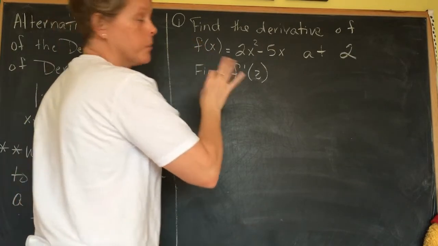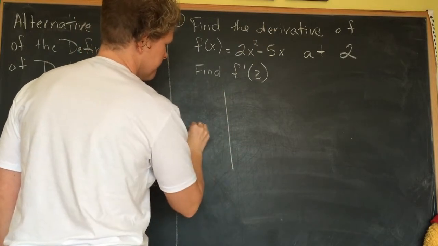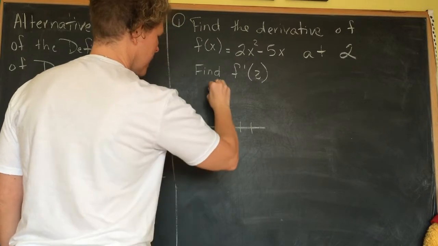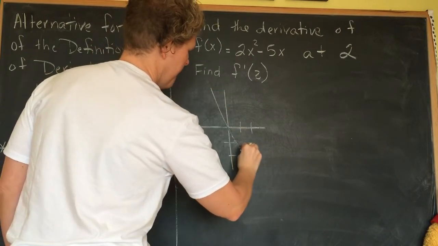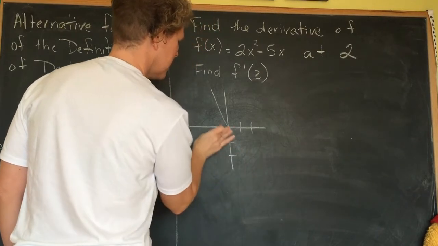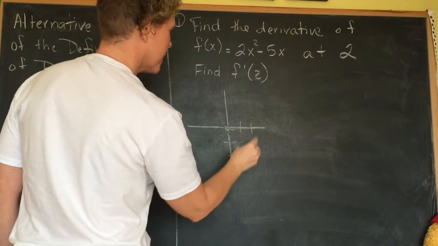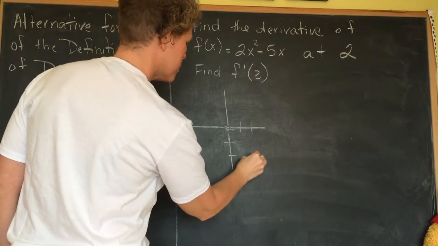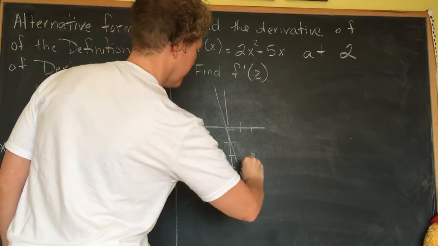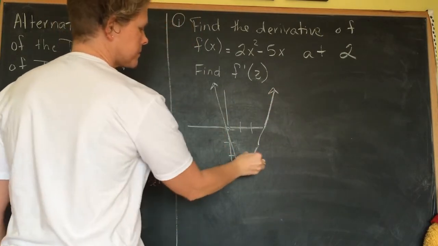Visually, what I'm looking for is, if I look at 2x squared minus 5x, I know that that is a parabola that goes through the origin. It's also going to be at the point 2, negative 2. So it's a very steep parabola here. It looks like that.